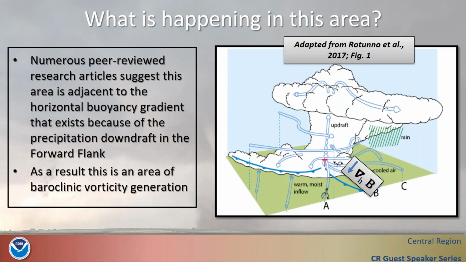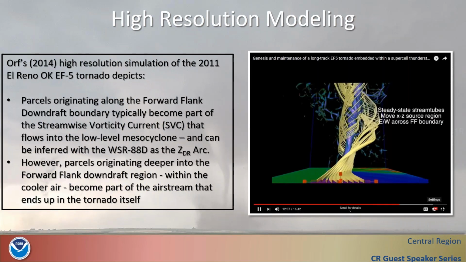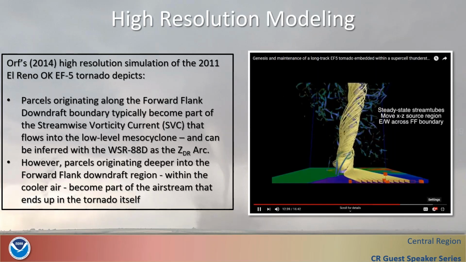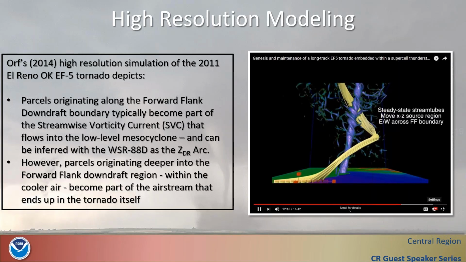This particular image is adapted from the Rotunno et al. research back in 2017, where they look in more detail at what's happening with that descending airstream. This is a little snapshot of a video done by CORF back in 2014, where they did a high-resolution simulation of the 2011 El Reno tornado.